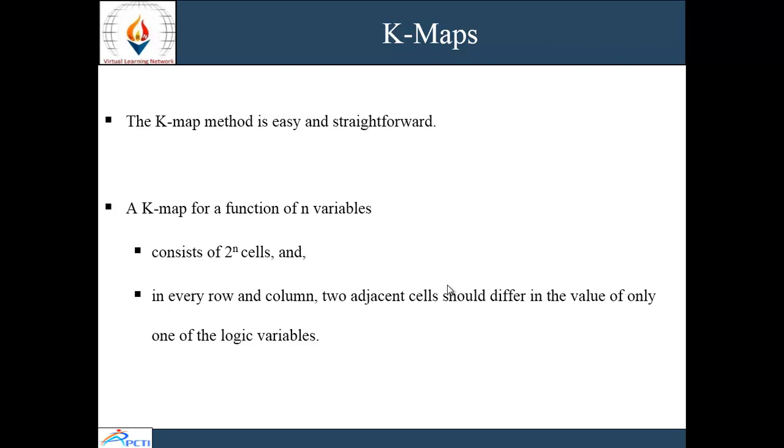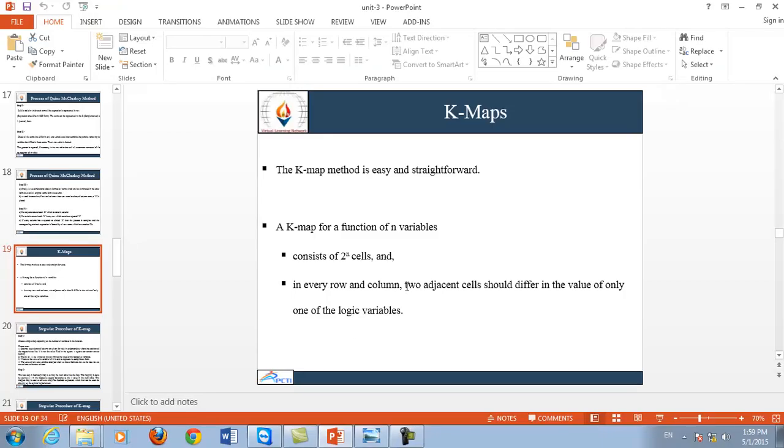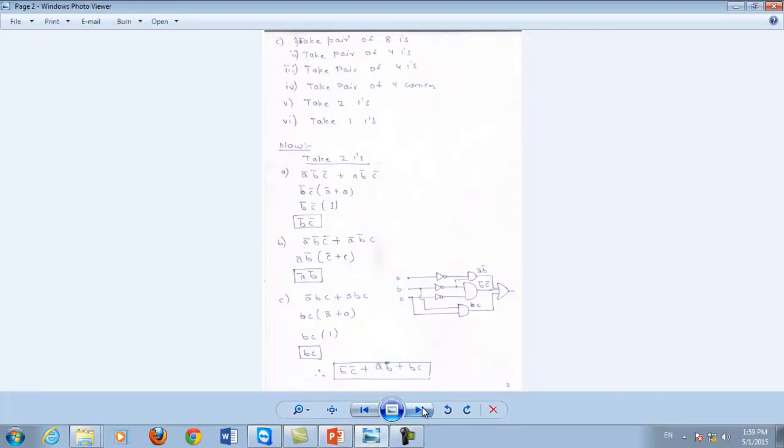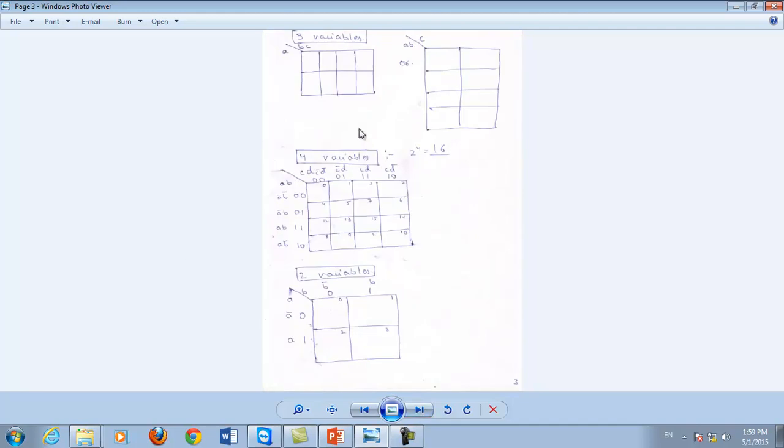It means if a K-map has 3 variables, it contains a total of 8 cells. Similarly, if a K-map has 4 variables, it contains a total of 16 cells, because 2 raised to power 4 means 16. We will see it with the help of an example.